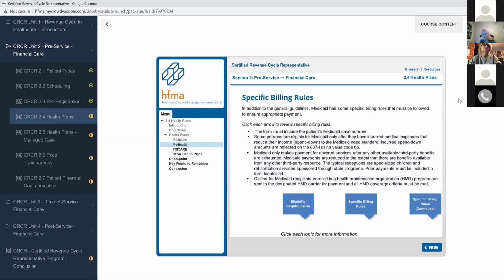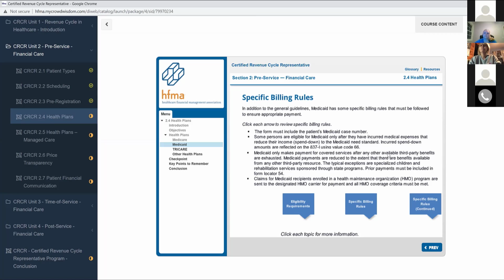Medicaid would never pay prior to Blue Cross. And claims for Medicaid recipients enrolled in a health maintenance organization, so an HMO program, are sent to the designated HMO carrier for payment, and HMO coverage criteria must be met.